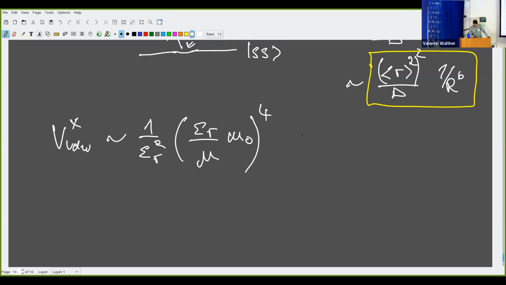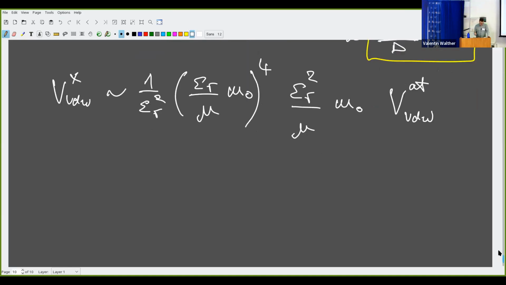And then from the energy scale, you get a factor epsilon r squared divided by mu m0. And so that's the relation between the excitonic strength of the van der Waals interaction and the atomic strength of the van der Waals interaction, just as a back of the envelope estimate.